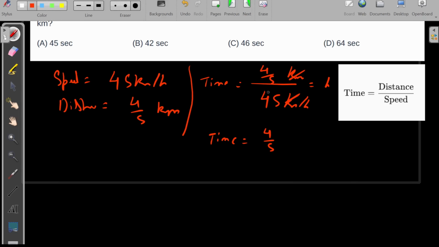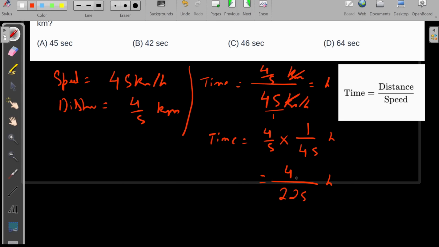Now if I do that, the division would change to multiplication. I can just assume that below the 45 there is 1, so 1 will be at the numerator and 45 would be at the bottom, which is the denominator. There will be time equals 4/5 times 1 over 45, which is hour in this case. Now 1 times 4 would be 4, 5 times 45 would be 225 hour.